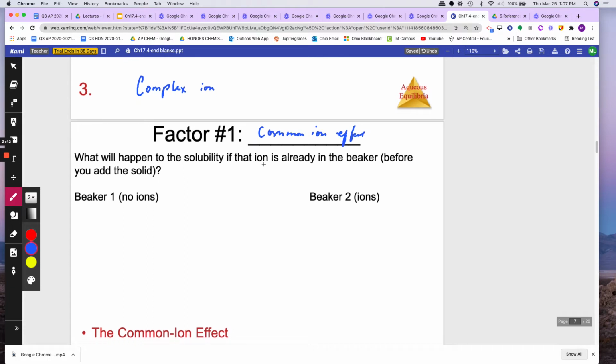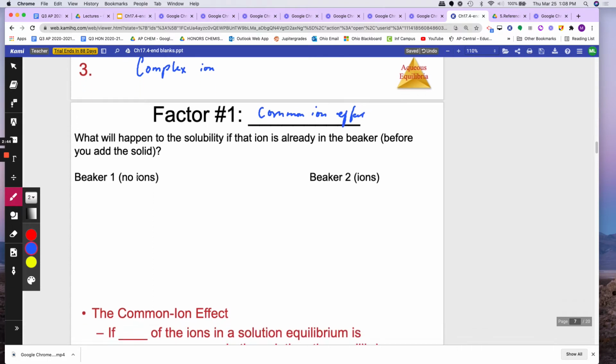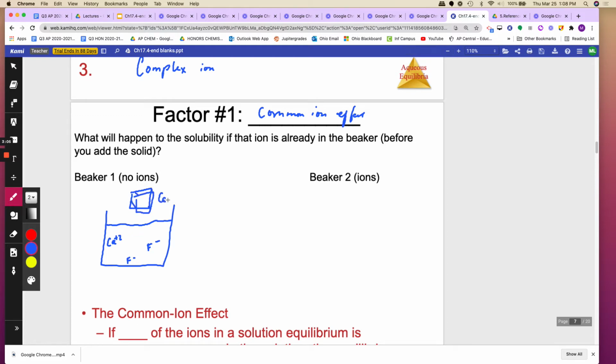What will happen to the solubility if that ion is already in the beaker before you add the solid? So here we have, let's say you made some calcium fluoride in here. So let's say you have F- in there, and you're putting a chunk of calcium fluoride solid, CaF2 solid.